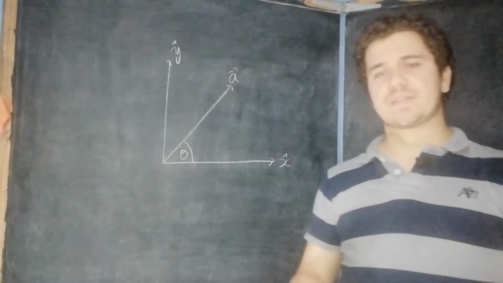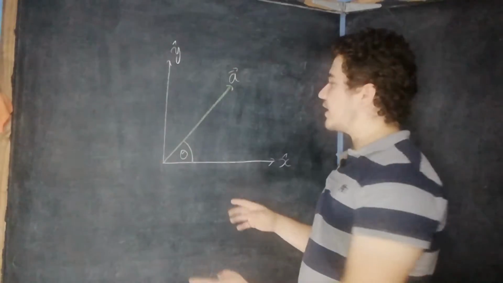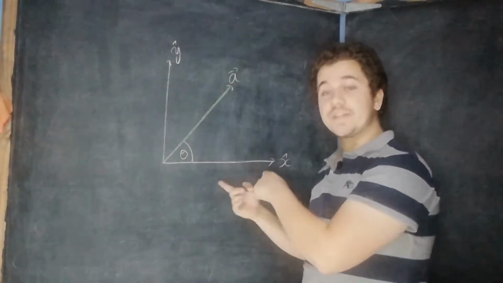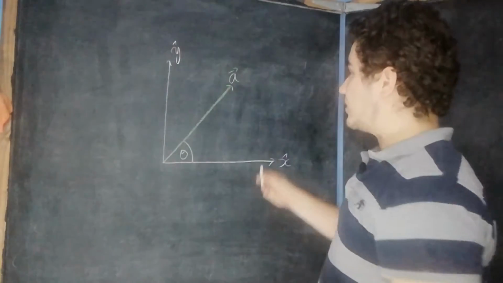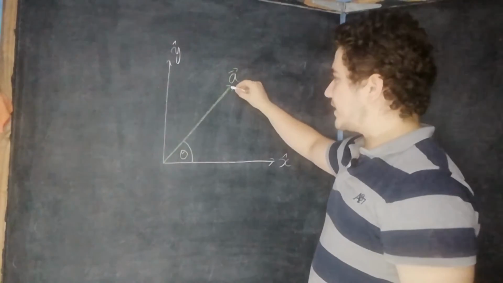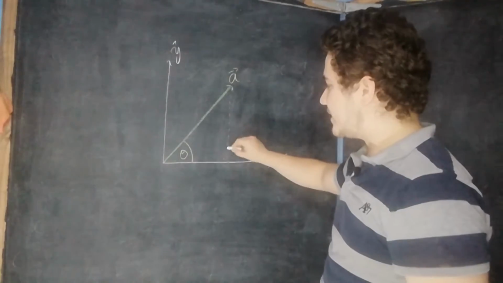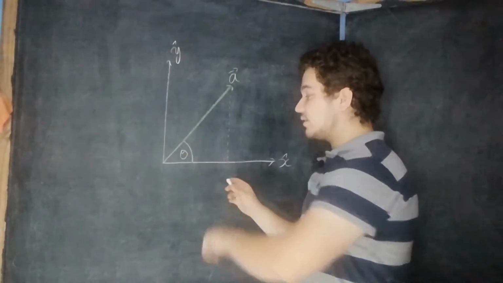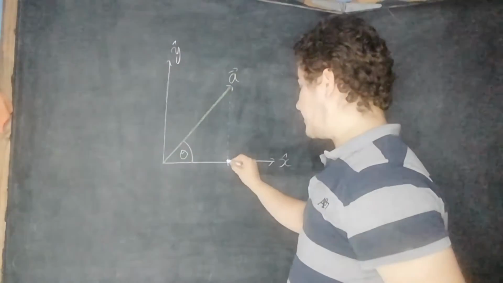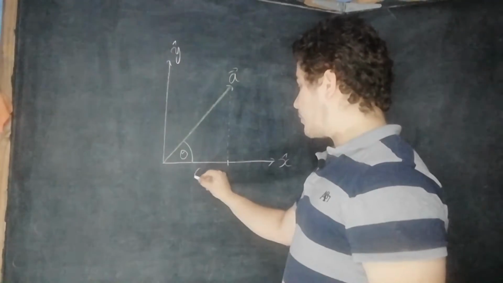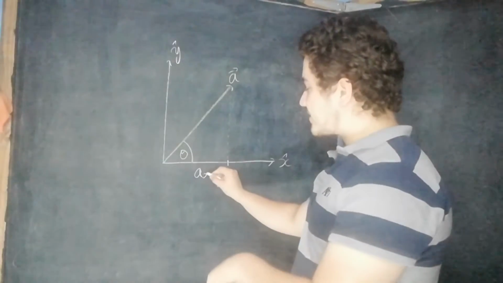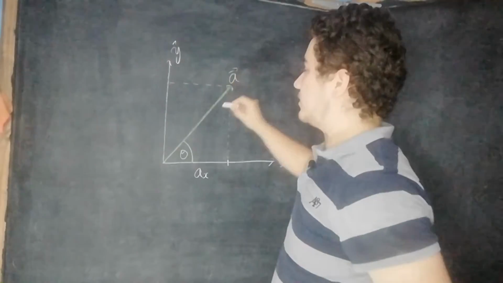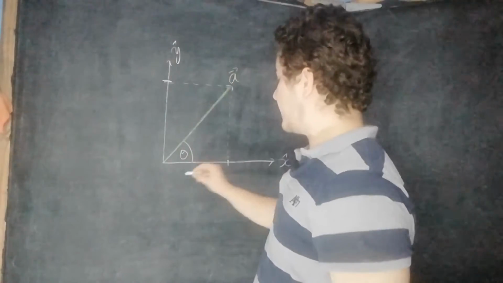What are the components of a vector? The components of a vector are like the shadow a vector casts on one of the coordinate system axes. So the x component of the vector is the shadow of the vector A projected on the x-axis. We call this the x component of the vector A, and we do the same with the y component.